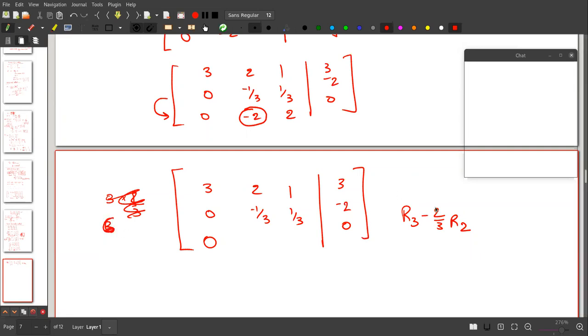Yeah, it should be 6, sorry. If I multiply 6 to 1 by 3, it will be 2. So 2 minus 2, subtract 0, and this will be 2, and this will be 2. So this will also be 0. Am I clear?